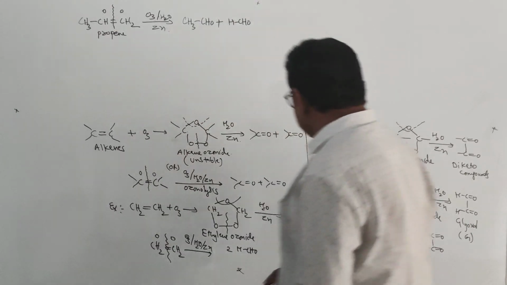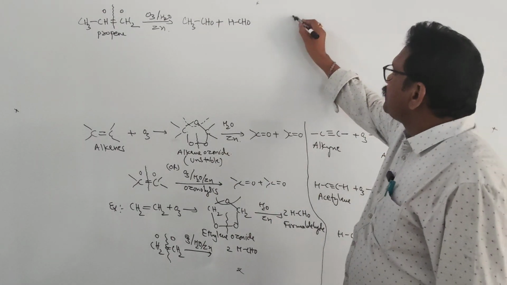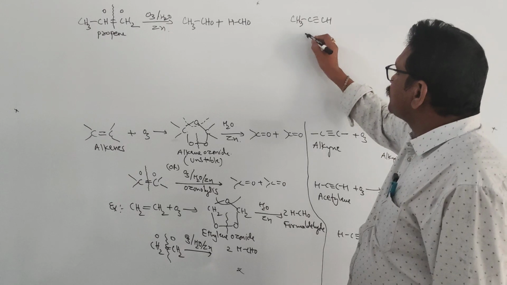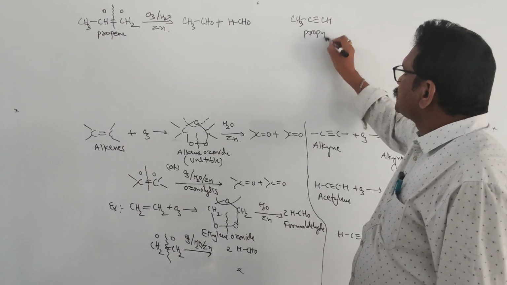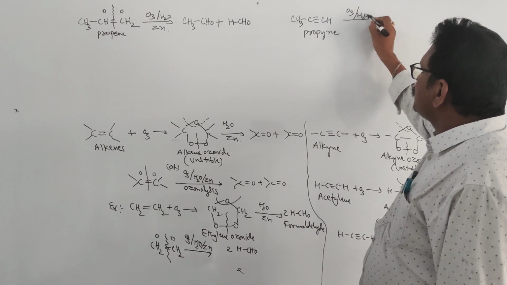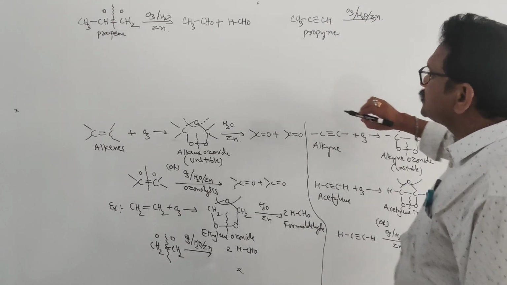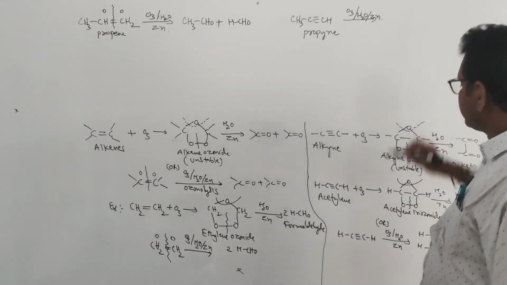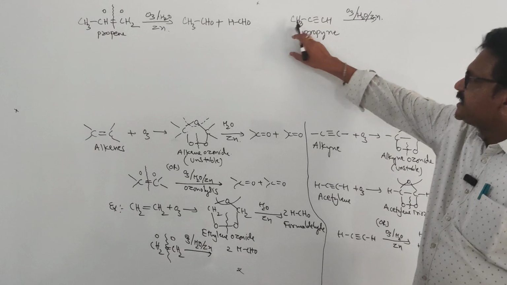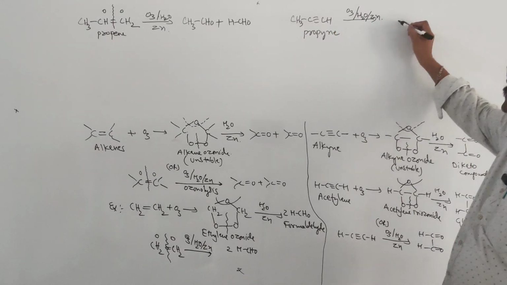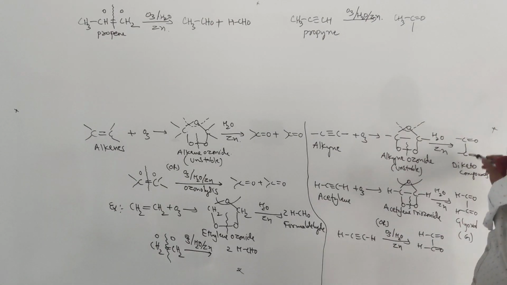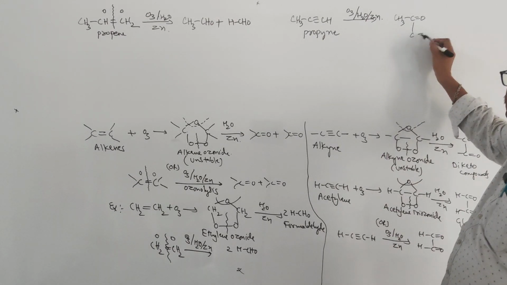That's all. In the same way, here you take CH3 C triple bond CH. What is this? Propyne. Propyne on ozonolysis, O3, H2O, zinc. What happened here? C double bond O, C double bond O. This side you take methyl, this side hydrogen: CH3 C double bond O, then C double bond OH.